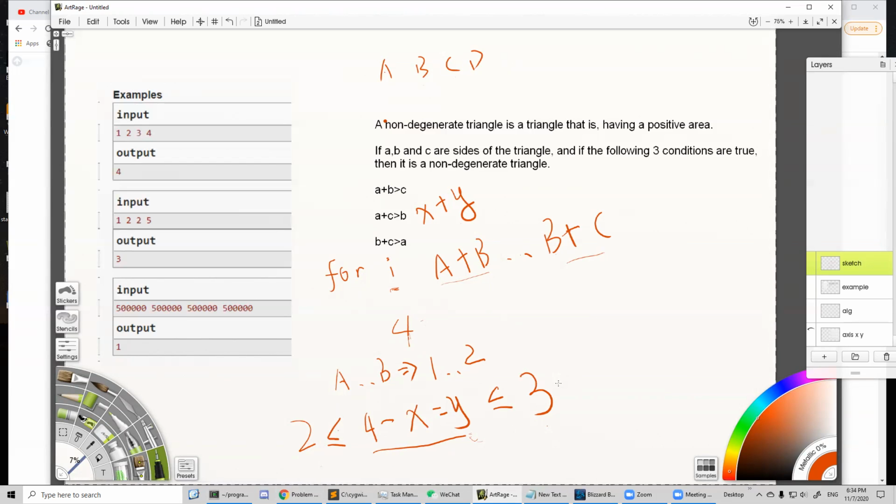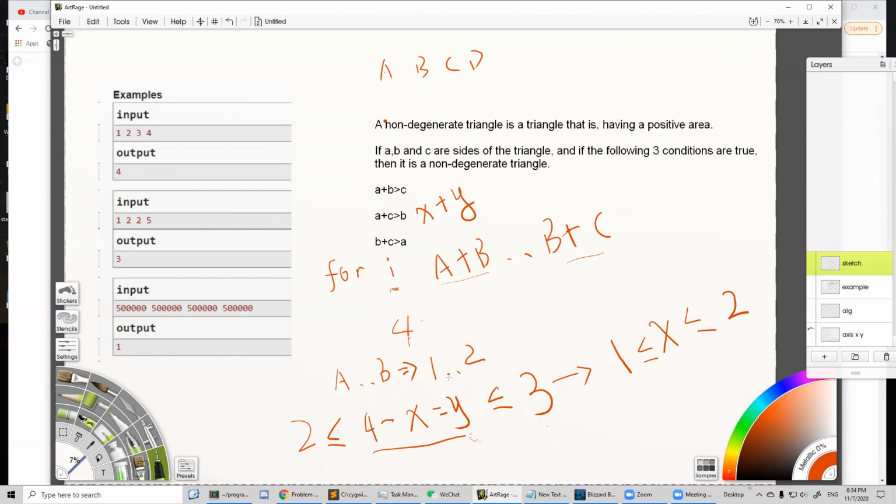So to convert it, we can have x should be bigger than... we move this to this side and this to this side, so we get x is bigger or equal to 1, and we move x to this side and 2 to this side, and x should be less or equal than 2, right?